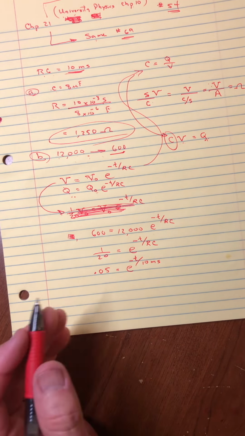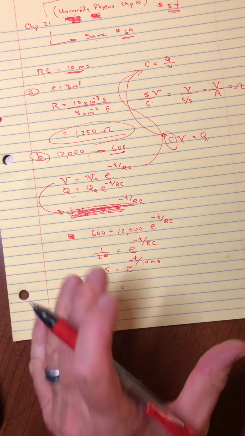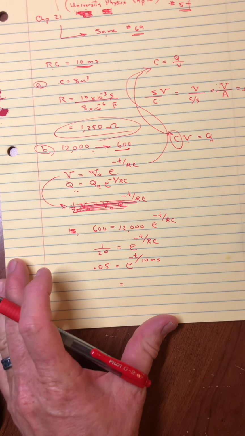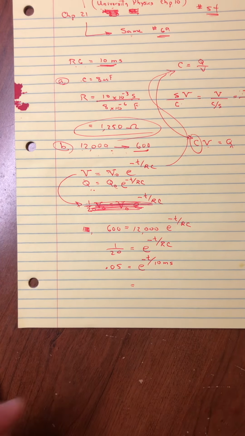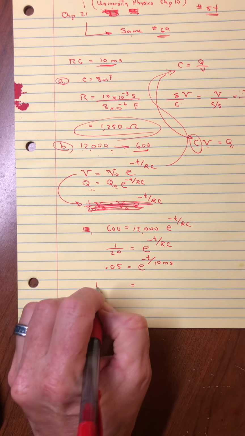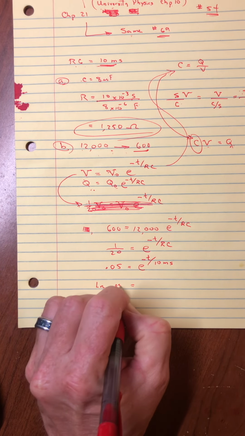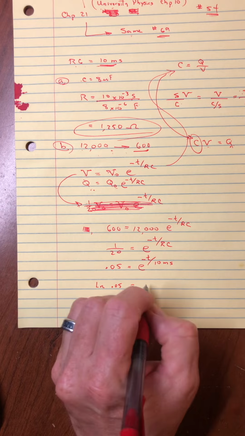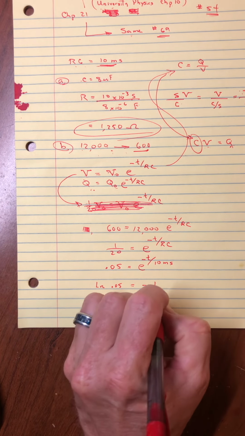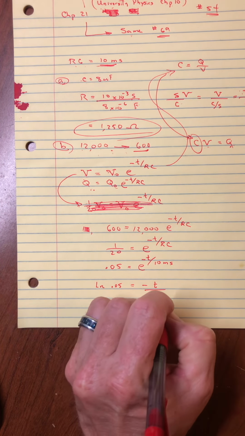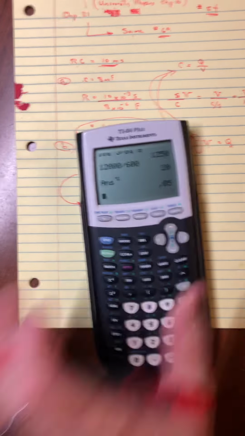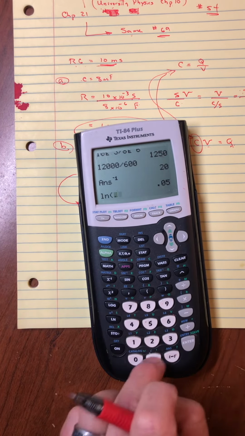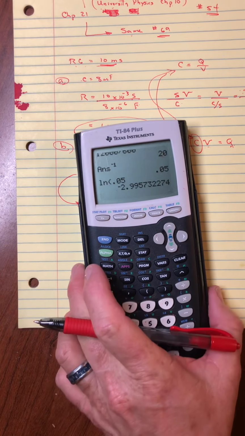And of course, now here is where maybe a little higher mathematics, not as tough as our calculus, but we've got to take the natural log. So this would be the natural log of 0.05. And of course, this side would be minus t over 10 milliseconds. So let me take the natural log of 0.05. That should be a negative number.